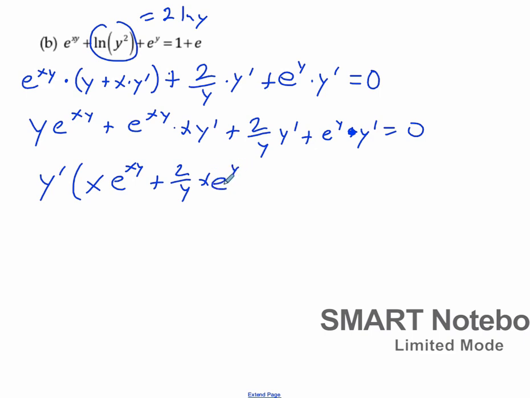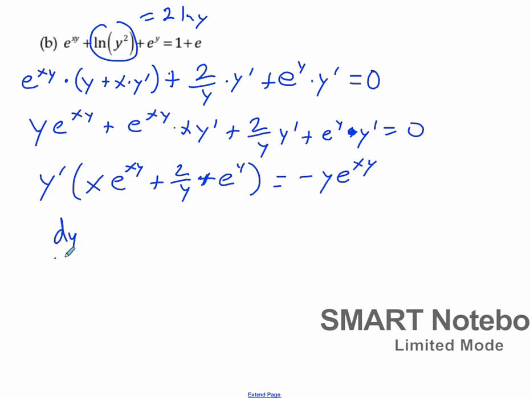Oops, I messed that up. This should be, yeah, plus, that's right, e to the y. And get the other stuff to the other side. What else is there? Just this one here, is it? So that's negative y e to the xy.